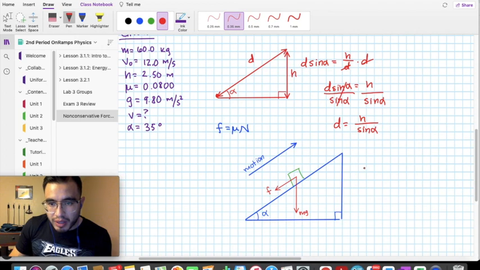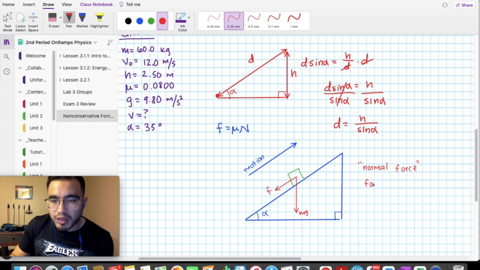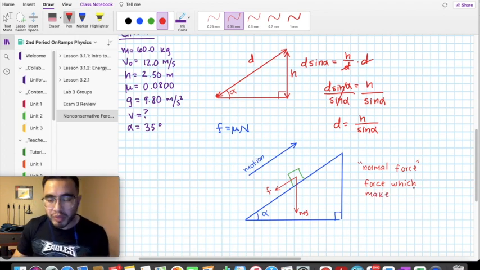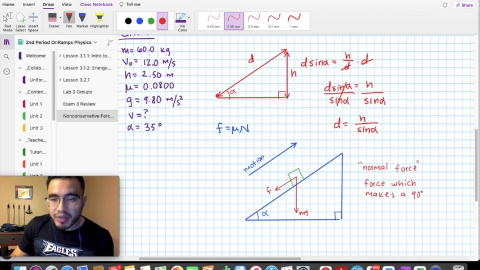So normal force, the word normal means the force which makes a 90-degree angle. That is what normal means in mathematics. A 90-degree angle with the surface. In this case, the surface is the snow or the inclined plane.